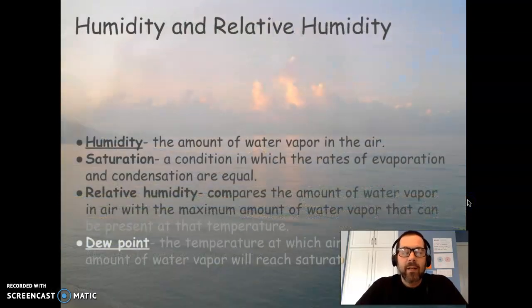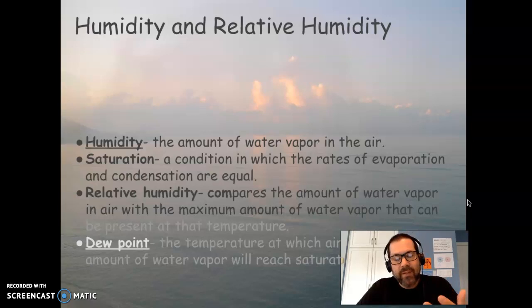So, humidity and relative humidity are important terms. They're terms that you hear a lot as you're listening to local forecasts. And humidity refers to the amount of water vapor that is in the air. Now, saturation is a condition in the atmosphere in which the rates of evaporation and condensation are equal.